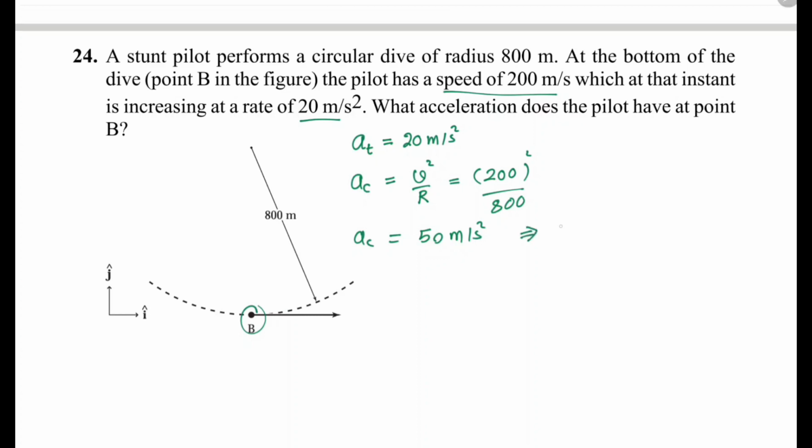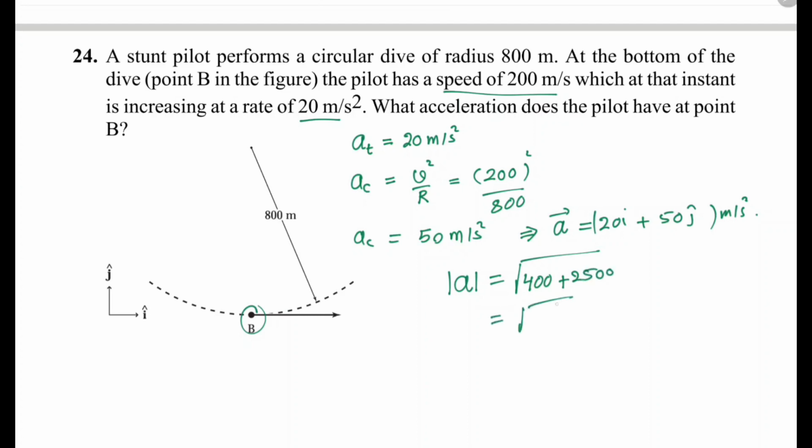So the acceleration as a vector is equal to 20i plus 50j meters per second squared. And the magnitude of the acceleration is equal to the square root of 400 plus 2500, or the square root of 2900. So the acceleration is equal to 53.9 meters per second squared.